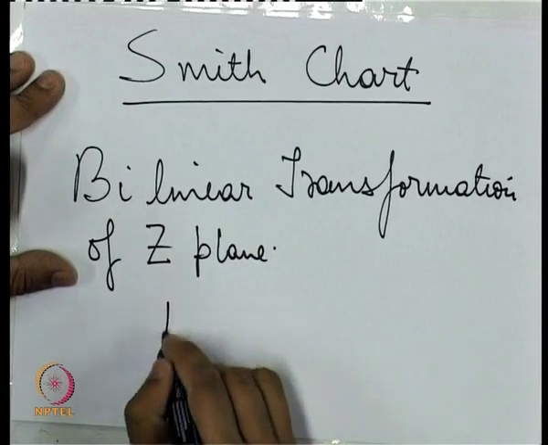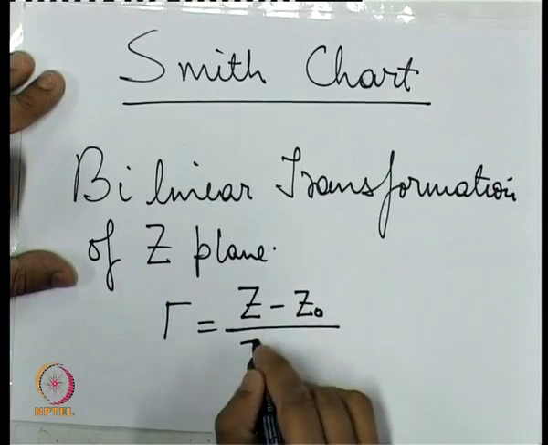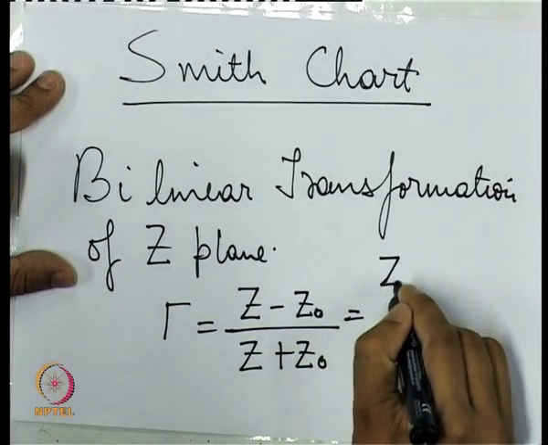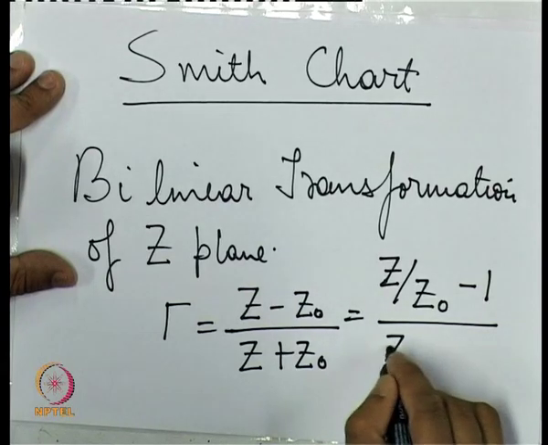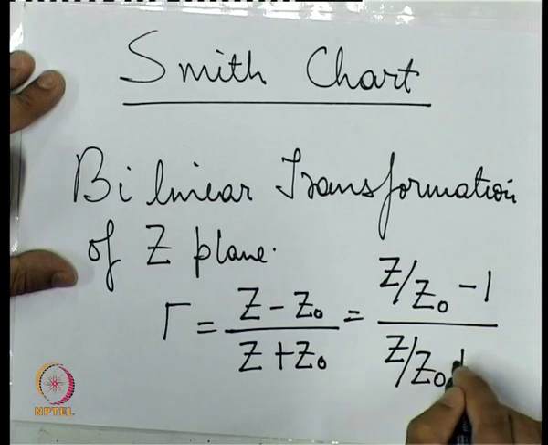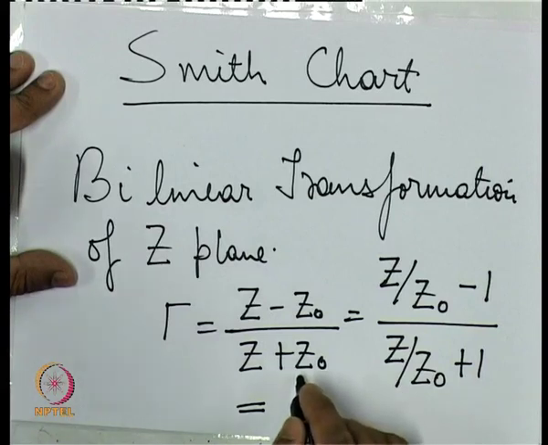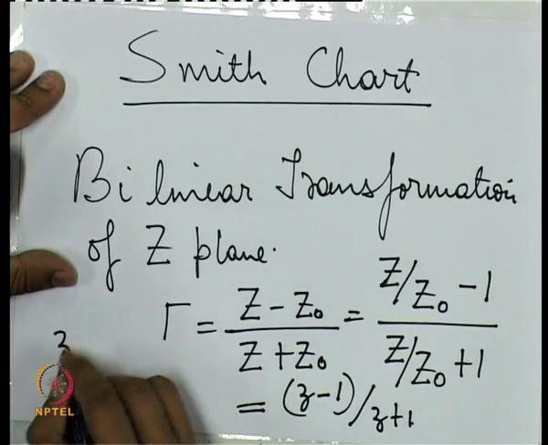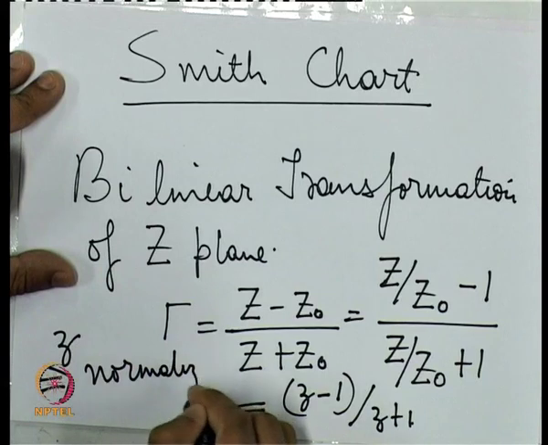So mathematically, what this means is this relation, where this small z, as we discussed, is called the normalized impedance.